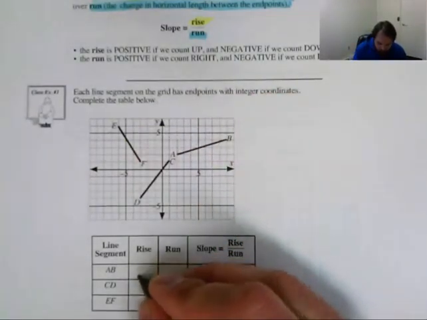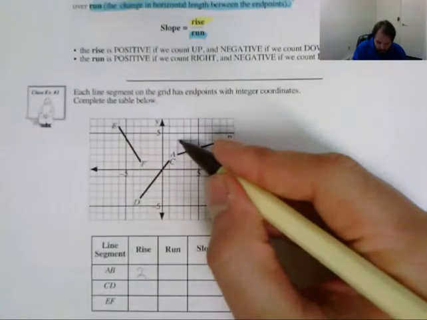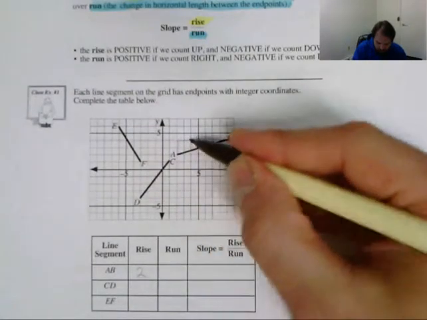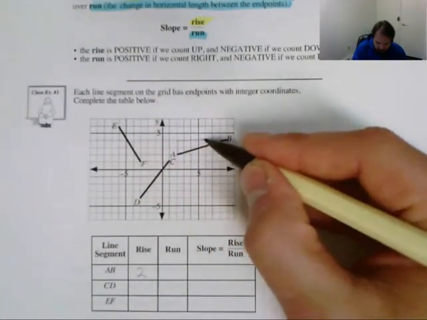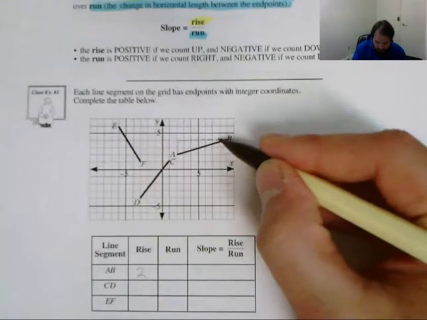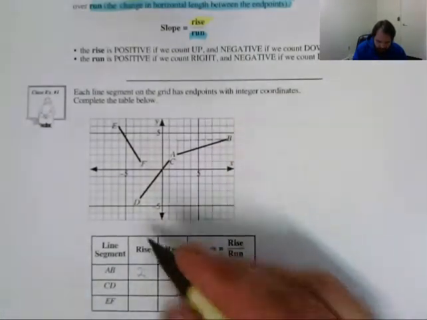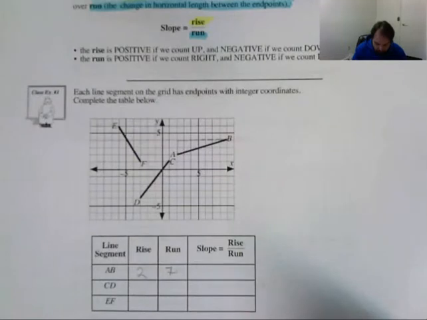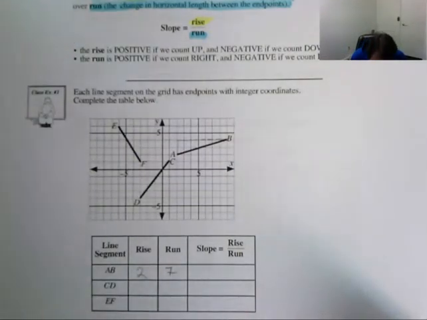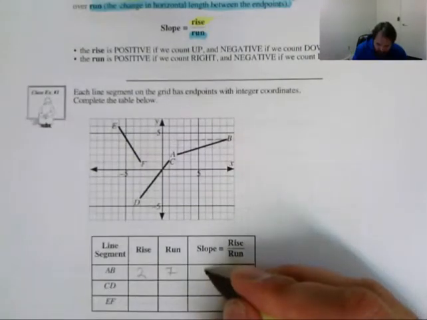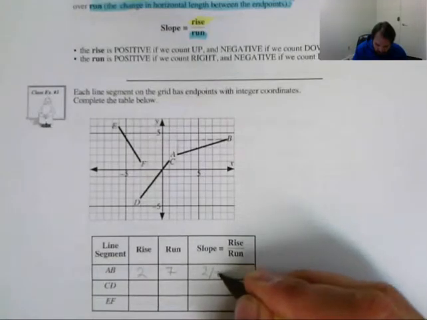So I'm going up 2. Now I'm going over 1, 2, 3, 4, 5, 6, 7. And I'm going over 7. So my slope of this thing here is going to be 2 divided by 7.